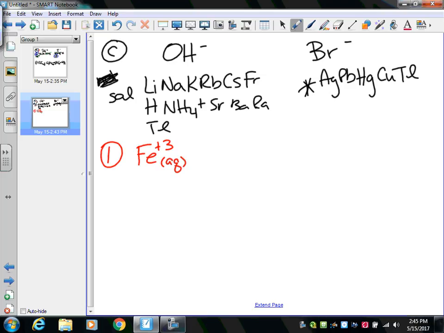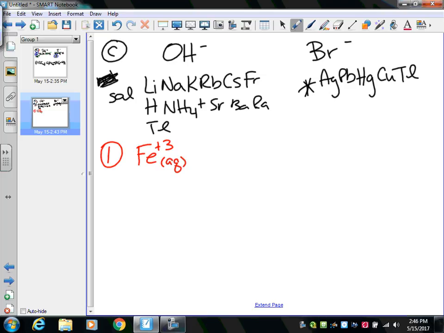Wait, do you have to pick one that's not on either list? In this case, anything that's not one of these here can be used to pull out hydroxide. Okay. So I want to use one that's not on this list and not on that one because I don't want my silver to precipitate for this example. So I decided to go with iron.